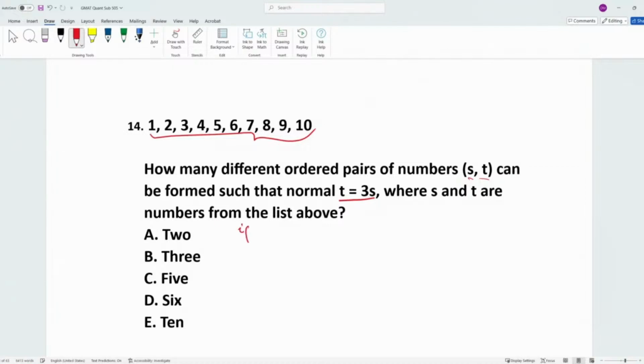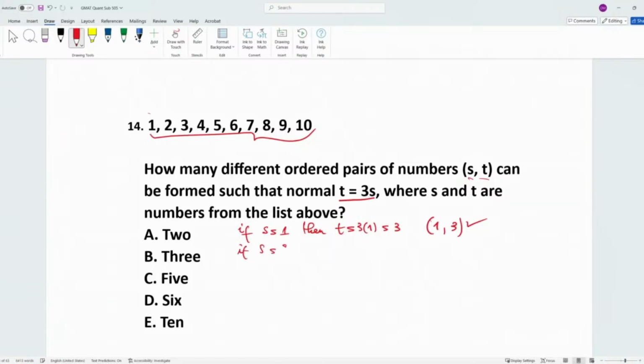We know that S must be part of this list, so we are going to try with the first value of the list. If S is equal to 1, then T is equal to 3 times 1, which is 3. So now we have our pair, S is 1 and T is 3. Are they both part of the list? Yes. We continue.